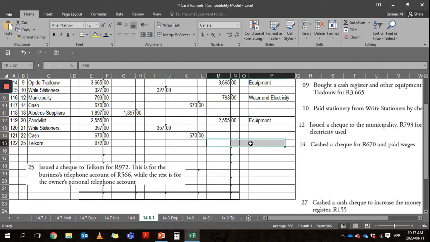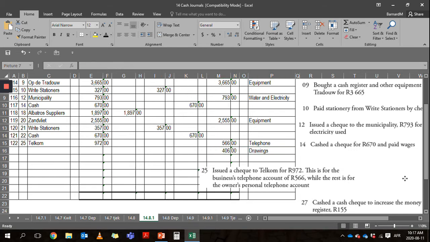So it's telephone account 566. And then it says while the rest is for the owner's telephone account. So the rest is then that minus that, which is obviously 406. And for the owner it will be drawings.